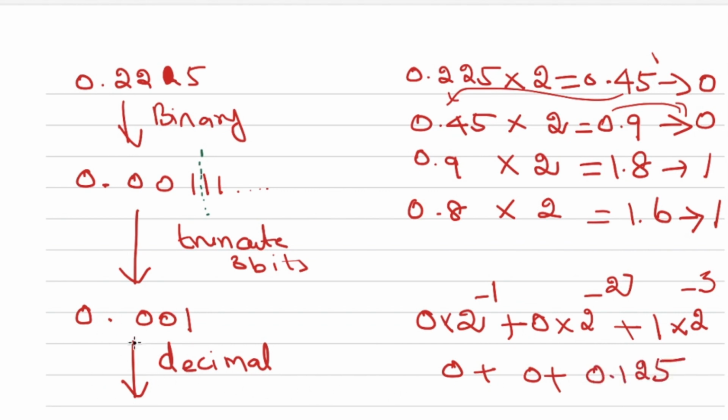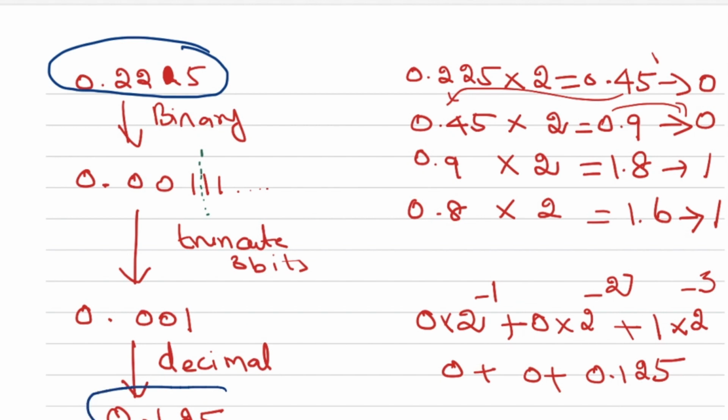So while converting this binary to decimal, we will get 0.125. Here also, when we apply the quantization, this 0.225 becomes 0.125. Some errors occur when performing the quantization. This is called the coefficient quantization error.